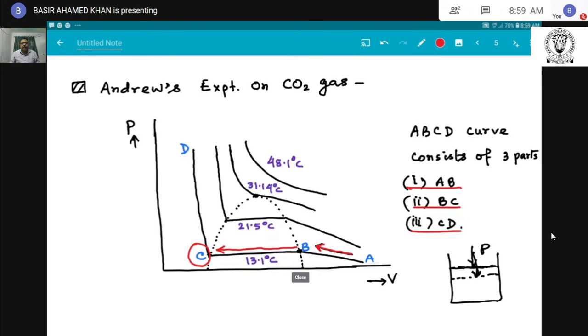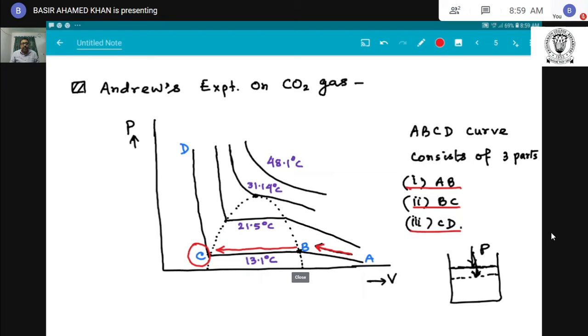The gas turns from gas into liquid, and this horizontal line indicates the gas starts to liquefy, and at the point C, all the gas is turned into liquid.